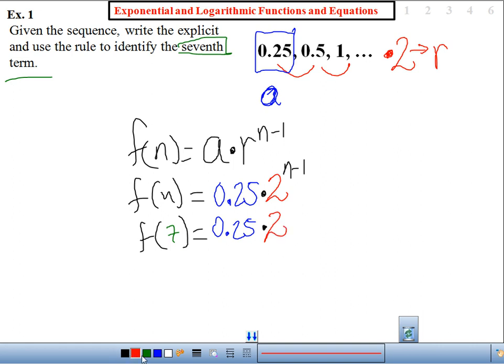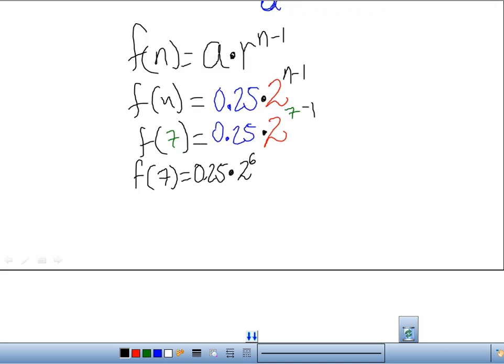And then we got 7 minus 1. Very simple, yeah? All right, so the rest, I'm just going to do it in black. I just wanted to show you where each piece goes. So here we go. So let's do f of 7 equals 0.25 times 2. What is 7 minus 1? 6 power. All right, so let me scoot up a little bit.